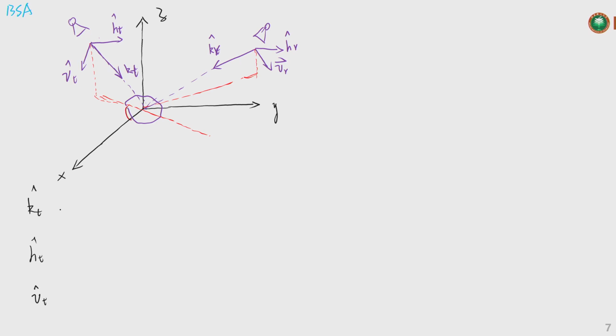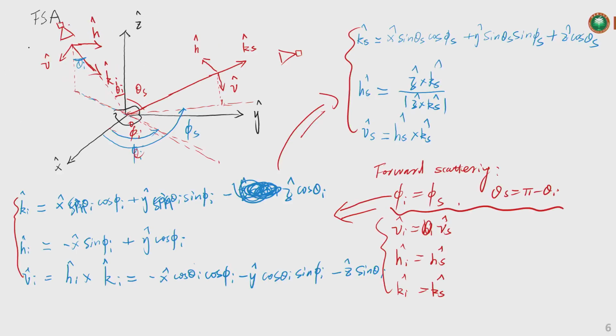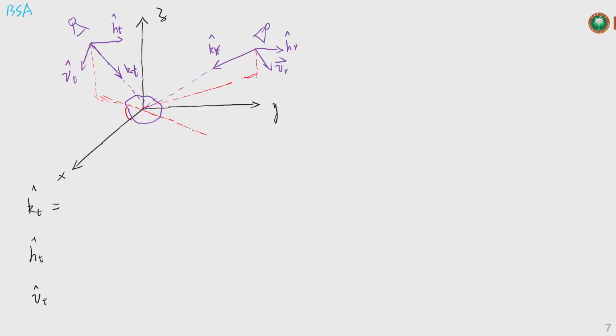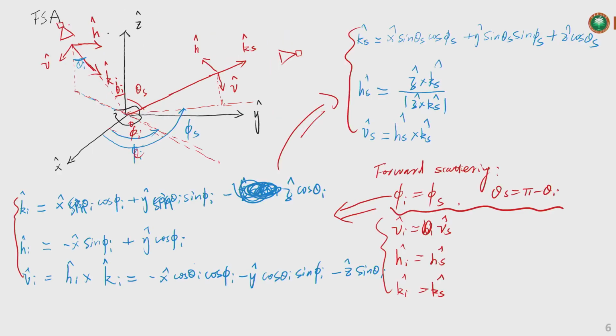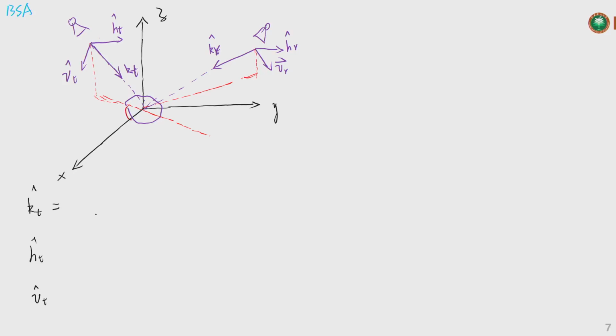So here we can see that it's the same thing as the forward scattering alignment at the transmitter side. So we can get the expression. This is HI, this is VI. So it means KT equals KI, and HT equals HI, and VT equals VI. The same expression for that.